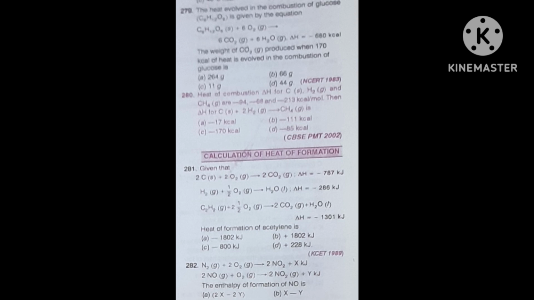Just to understand the question, again I am reading it. The heat of combustion of benzene at 27 degrees centigrade found by bomb calorimeter is given for the reaction C6H6 liquid plus 7.5 O2 gas giving 6 CO2 gas plus 3 H2O liquid, and its heat of combustion is 780 kilocalorie per mole.